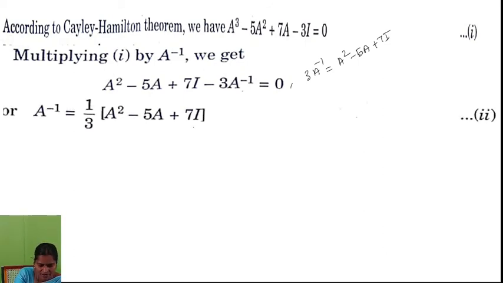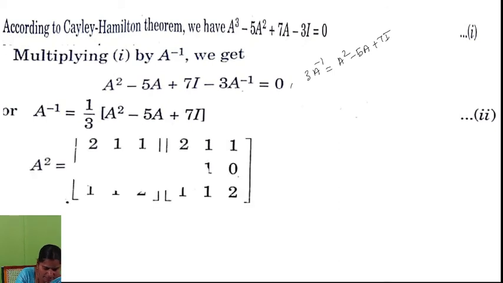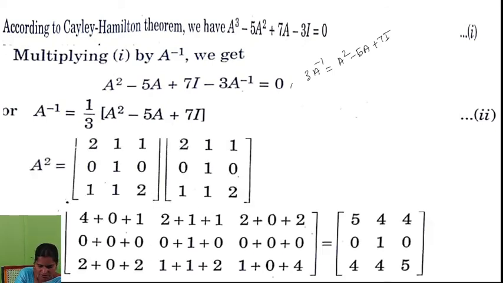So let's find each term in this equation. To find A inverse, we need to find A square first. A square is nothing but A into A. Simplify the value of A, and we will get A square is 5 4 0 1 0 4 4 5.